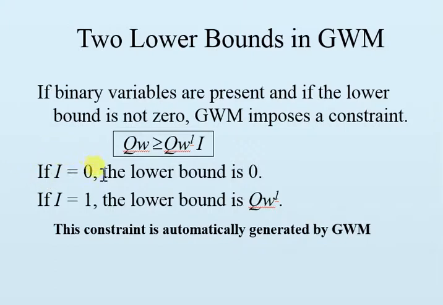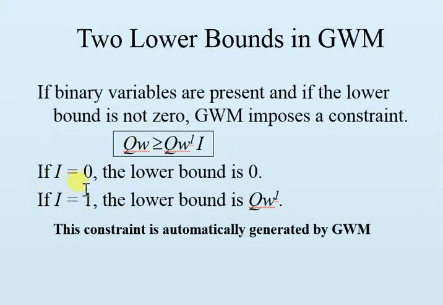If the binary variable is 0, in other words, if the pumping rate is 0, then the lower bound is 0. We're looking at this constraint. I is 0, the lower bound is 0, and QW can go to 0.